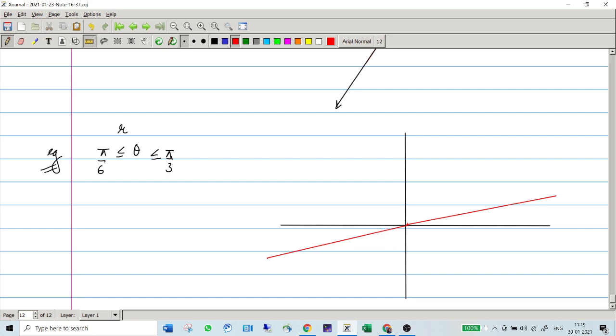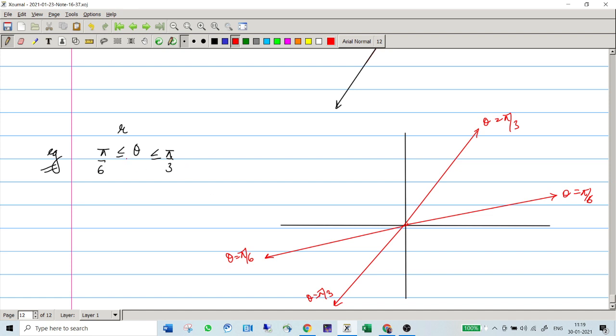This is theta equal to pi by 6, right? And next up is theta equal to pi by 3, so this is going to be our line for theta equal to pi by 3, right? So this is theta equal to pi by 6 right here, and this is theta equal to pi by 3, in both of the directions, right?